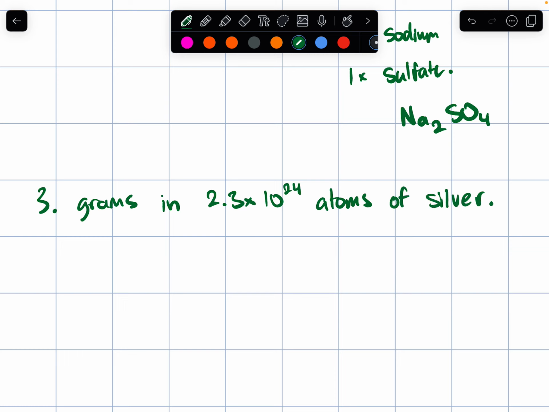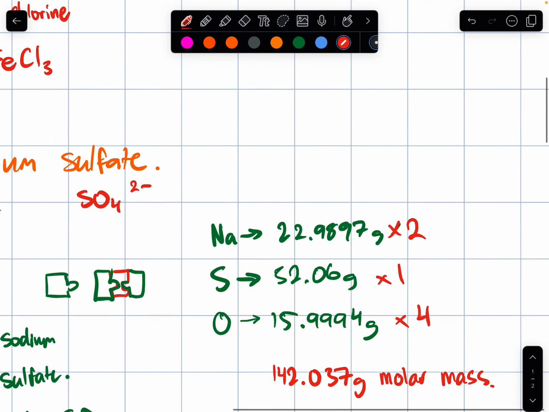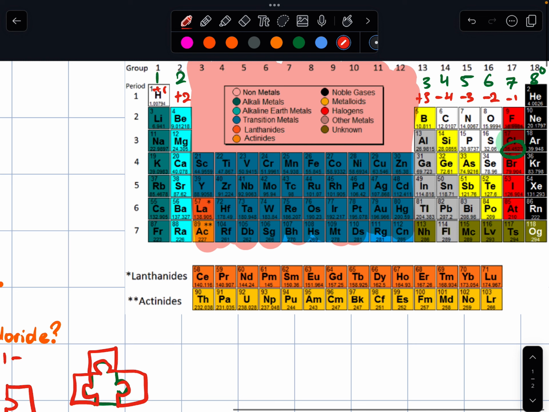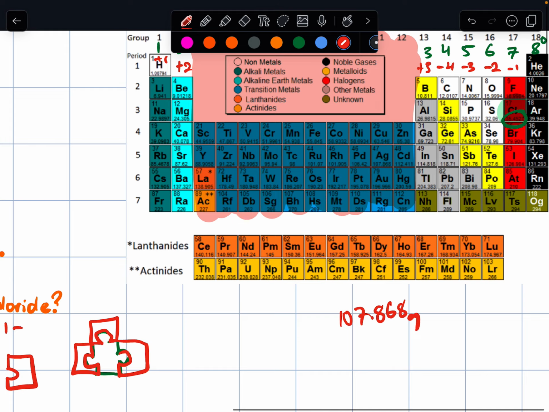Now silver is Ag, and we can find that up here. Ag is, I just drew over the number, 107.868 grams. Sweet.